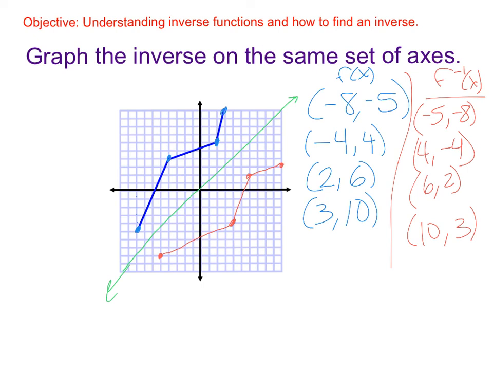Now think back to geometry or middle school. I'd be impressed if anyone remembers this. How do you reflect over the line y equals x? You switch your x and your y. (x, y) becomes (y, x). That's what you do when you find an inverse.